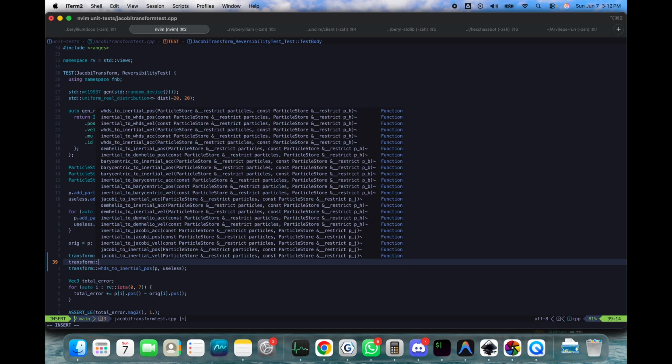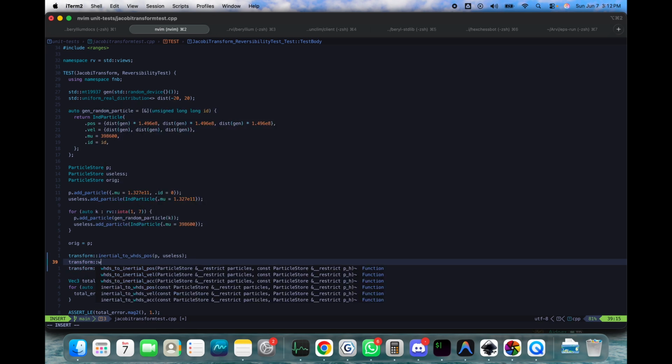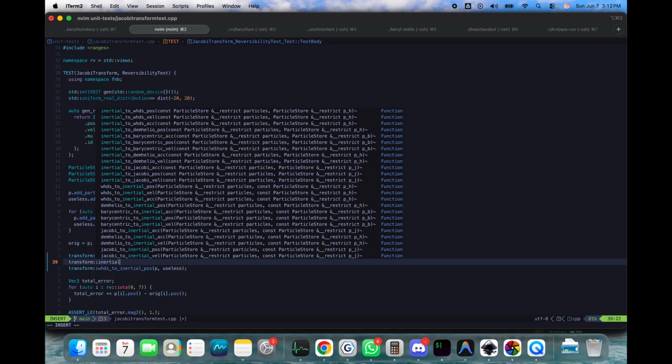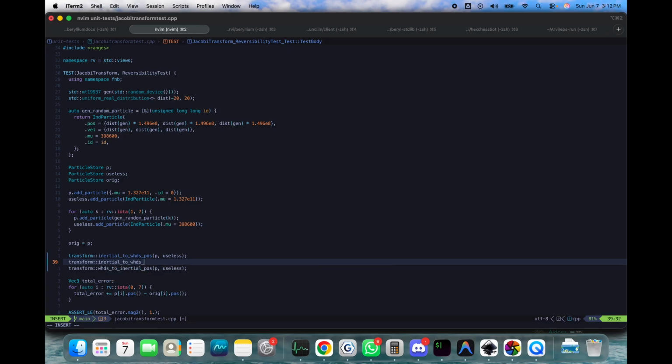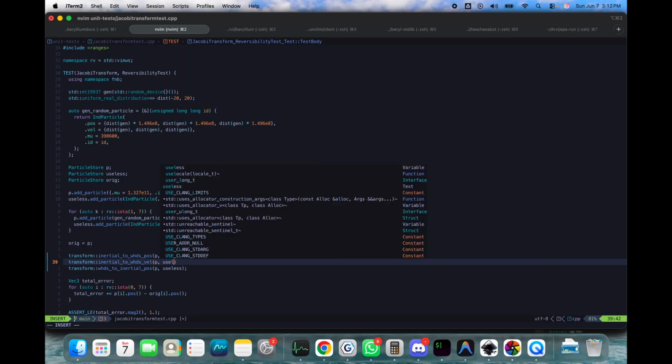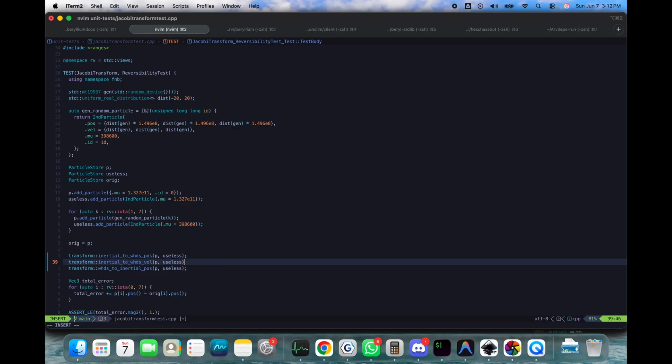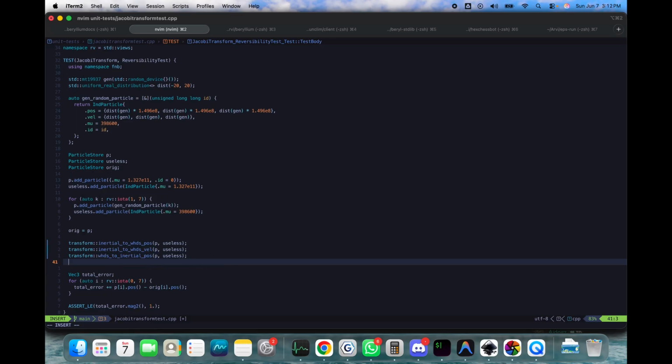And we also are going to do a similar thing for the velocities, and so there are two different transformations here. So we have inertial to WHDS vel p and useless, and we do the backwards one here, to inertial vel p useless.